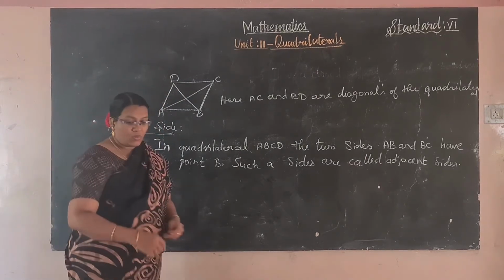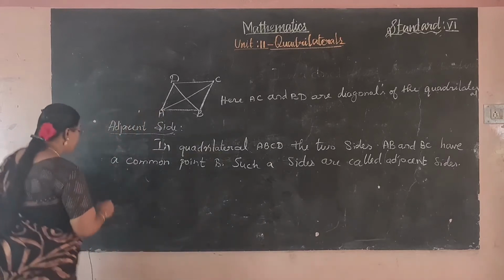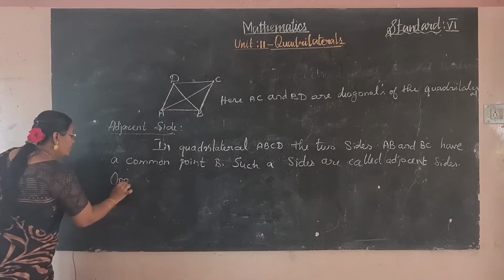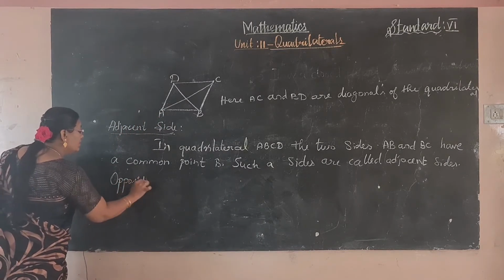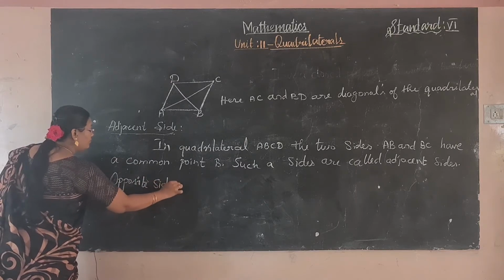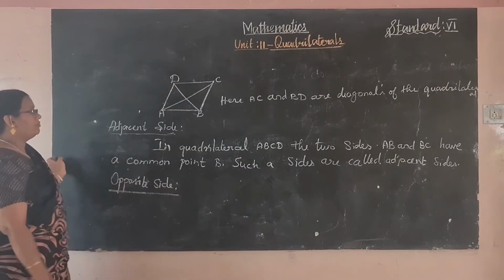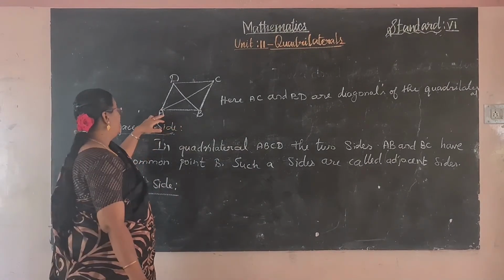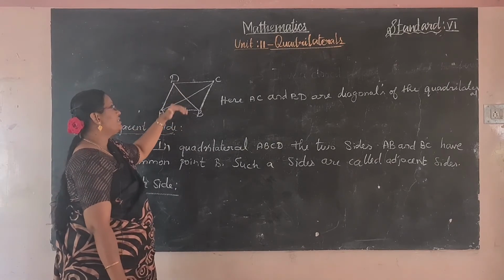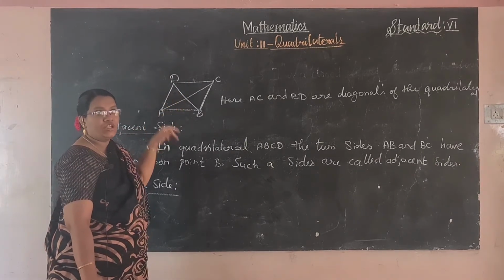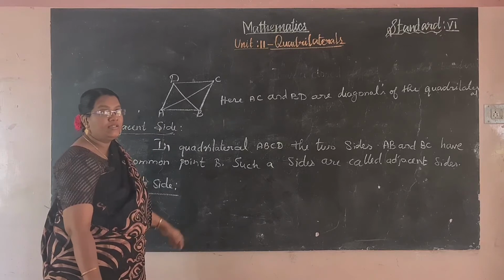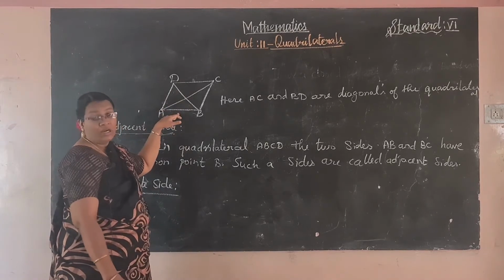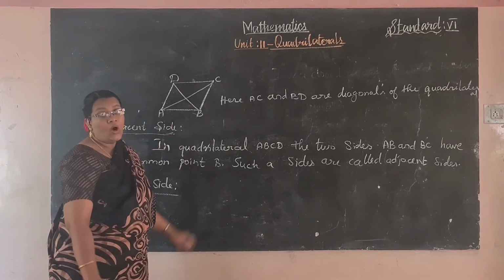Okay, and next one, opposite side. Opposite side means two line segments opposite to each other. That kind of line segments are called the opposite sides.